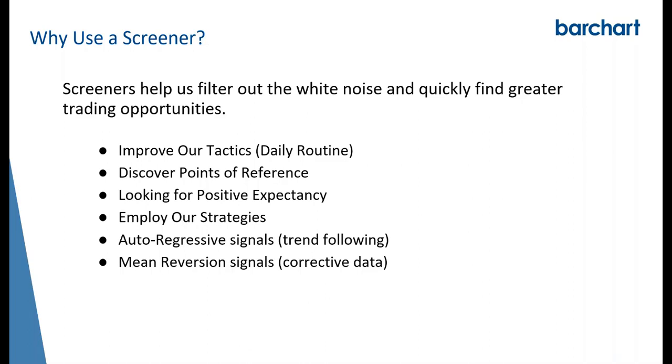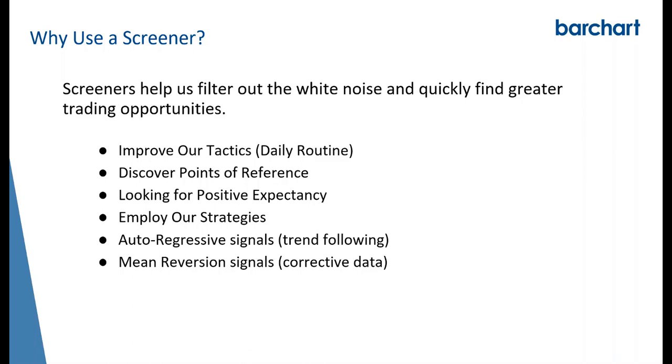So these positive expectancies will help us find those price patterns that we're looking for. Our screeners are also going to help us employ our strategies. What strategies are we going to look at?